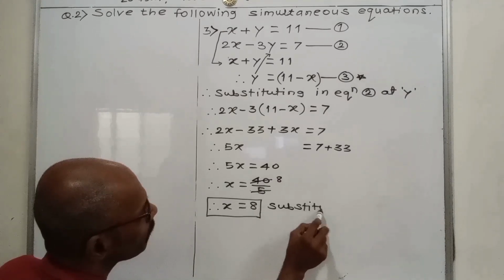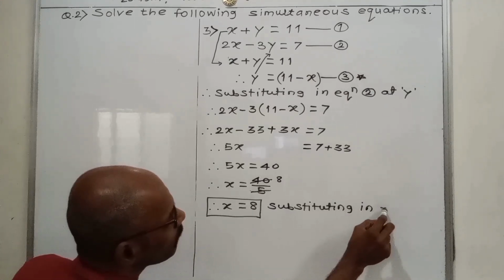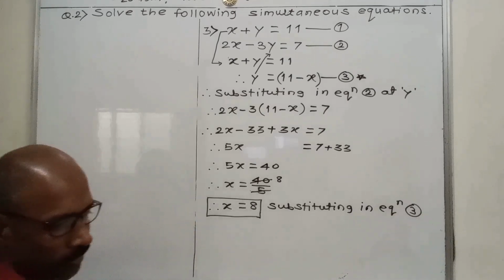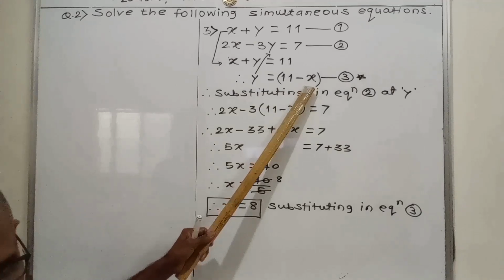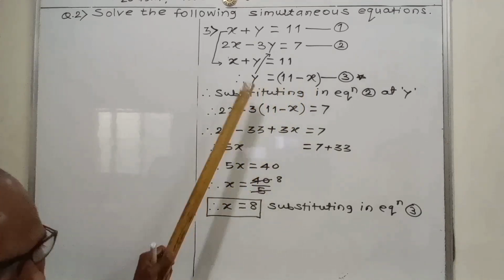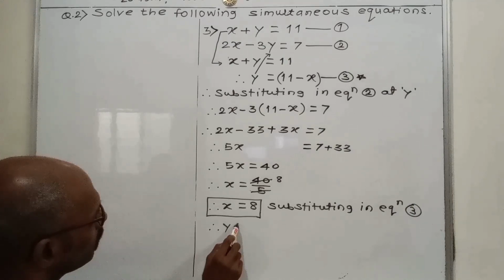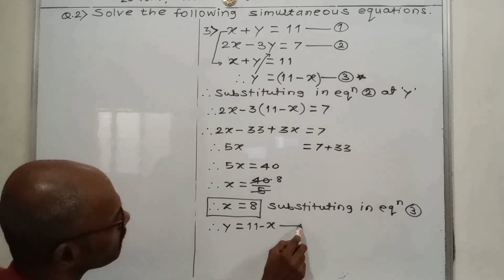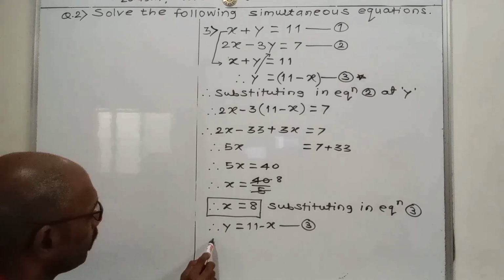Now substituting in equation 3, very simple. See here, only put the value here, then directly you will get y. Therefore y is equal to 11 minus x, equation number 3.